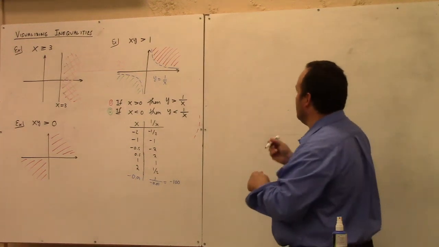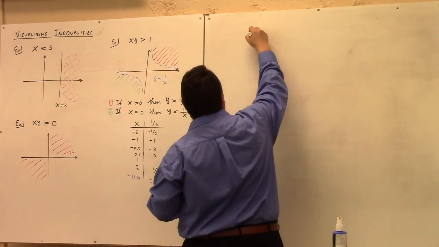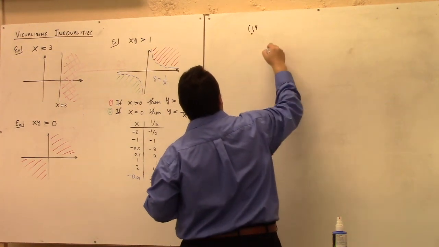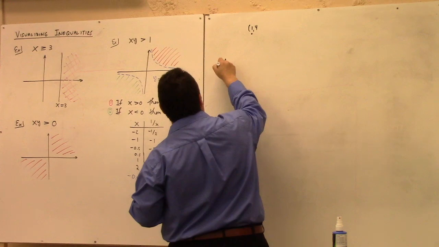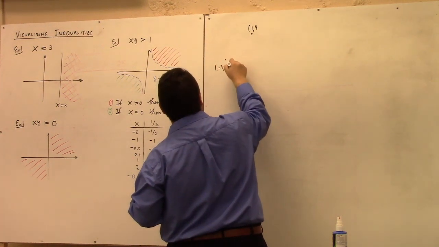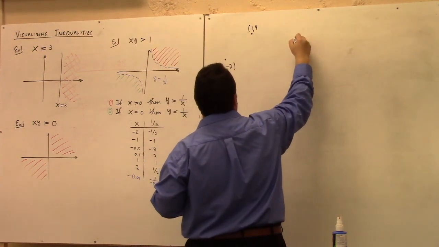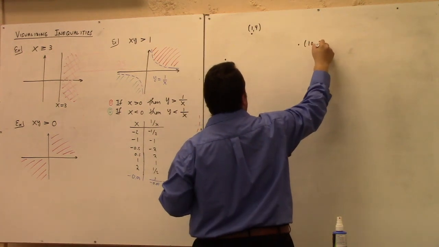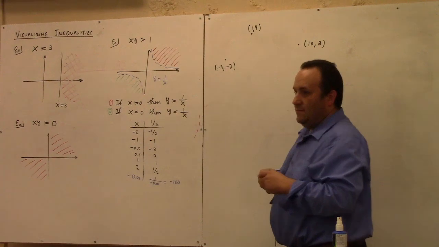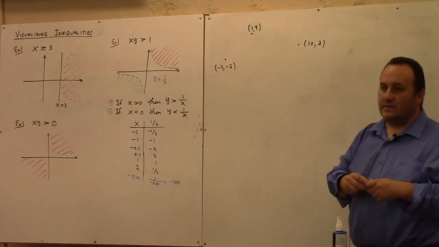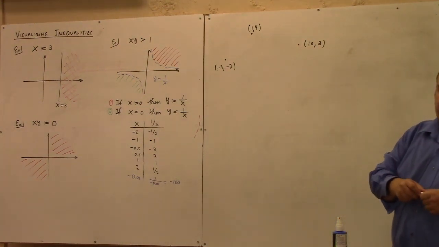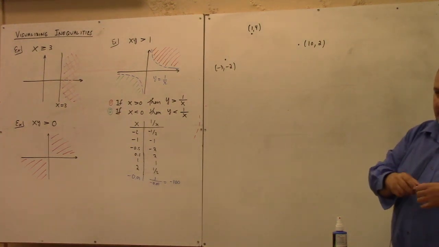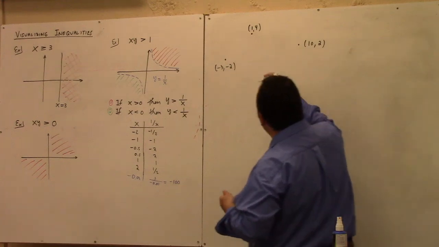Okay? So suppose you're given points, I don't know, (1, 4), (-3, -2), and over here, (10, 2), right? And you're told that these 3 points describe the vertices of a region which is described by a set of 3 inequalities. Let me explain that more concretely.